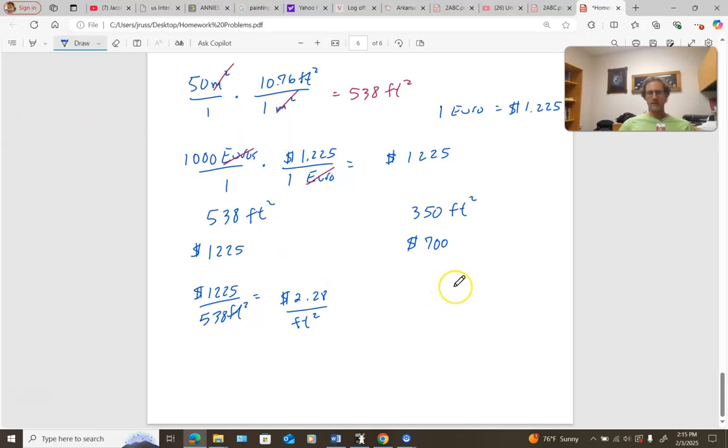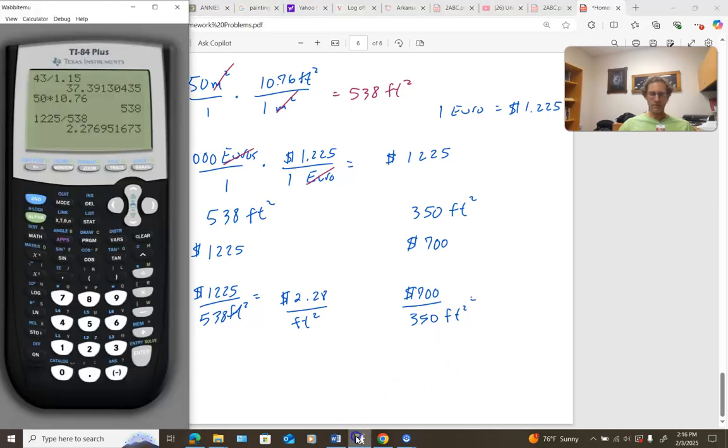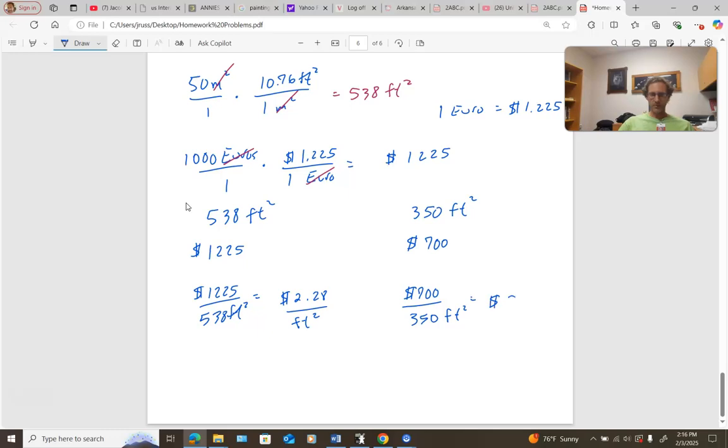Now for Santa Fe, we'll take its price, which is $700, and its area, or square footage. And let's see what this gives us. It's $700 for 350 square feet. So I think this can come out to exactly 2. This would be $2 per square foot.